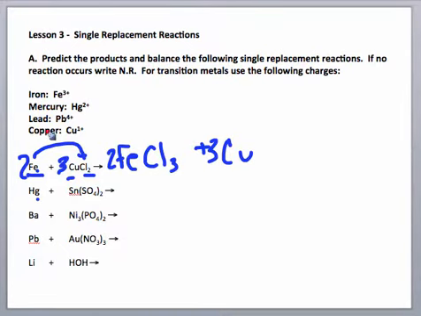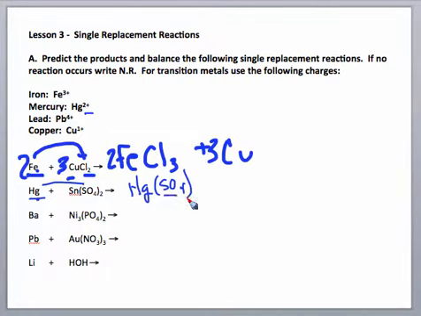Okay, so again, now mercury is a metal, so it's going to form a compound with the sulfate. Mercury is 2 plus, sulfate is 2 minus, so we would have mercury sulfate. Again, 2 plus, 2 minus, when they crisscross, they'll cancel.